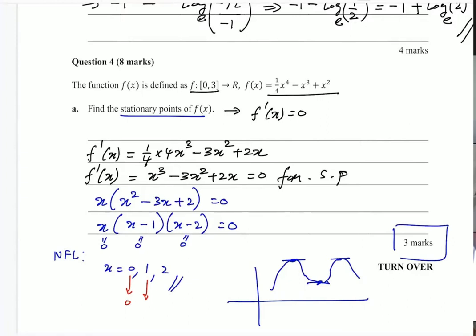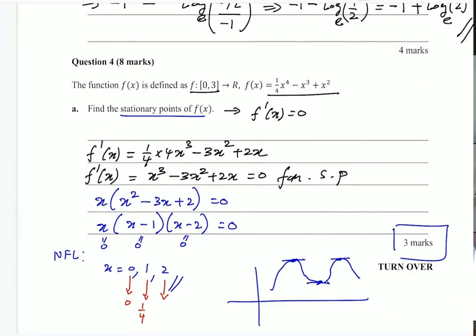When x is equal to 1, that would be 1 divided by 4, right? When x is equal to 2, what would that be? It's going to be 16 over 4 minus 8 plus 4. How much is that?